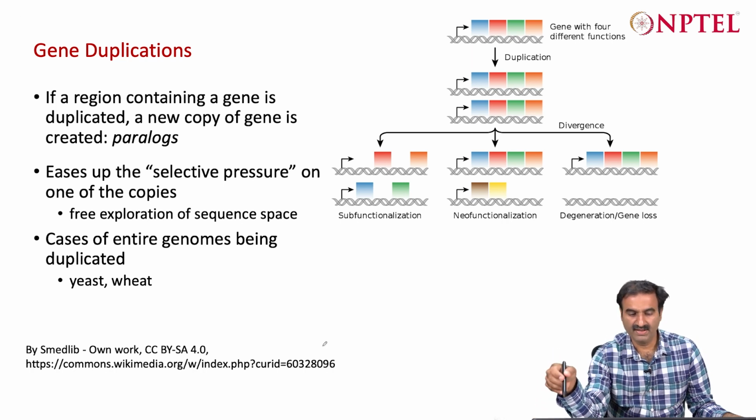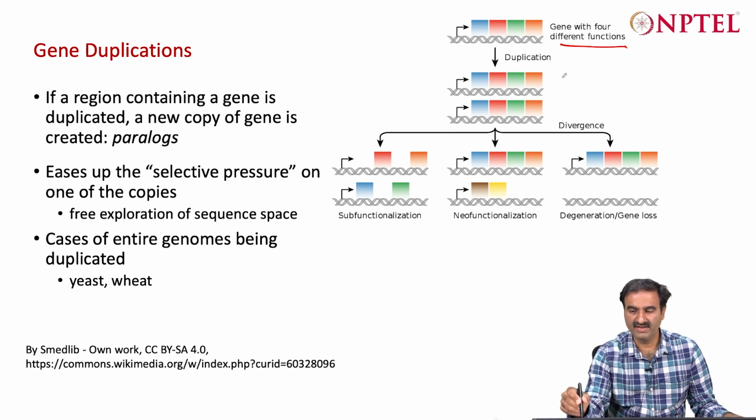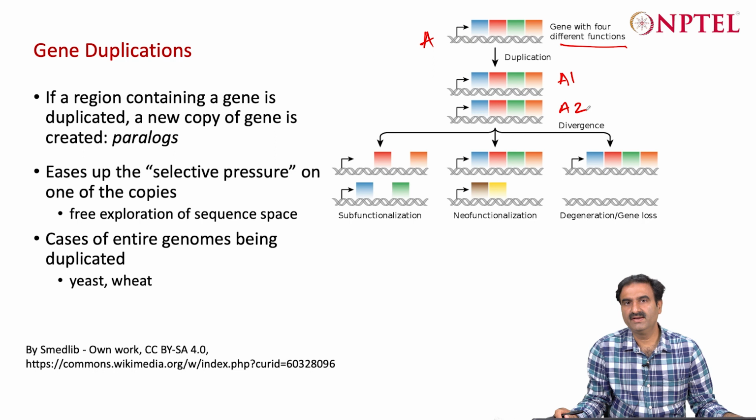For example, you have one gene, and duplication events do happen in genomes over a period of time, and through recombinations and other repetitive elements also. So by duplication you can see that this gene A becomes A1 and A2. So now two copies of the gene A have emerged, which are A1 and A2.